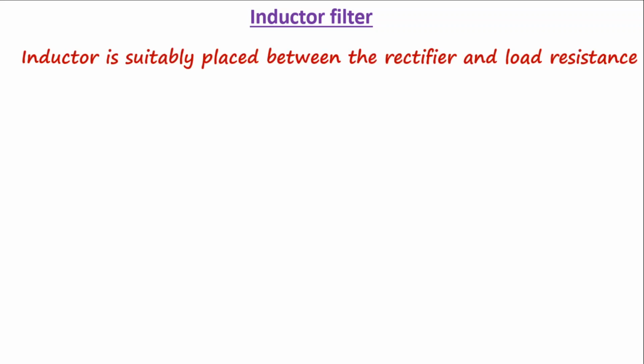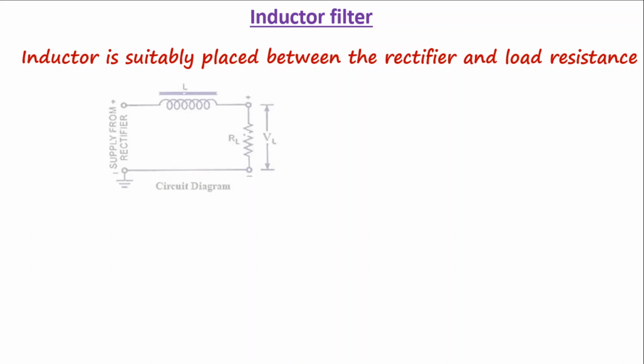Here an inductor is suitably placed between the rectifier output and the load resistance, as shown in the figure. You have the rectifier output here, and then an inductance is connected.